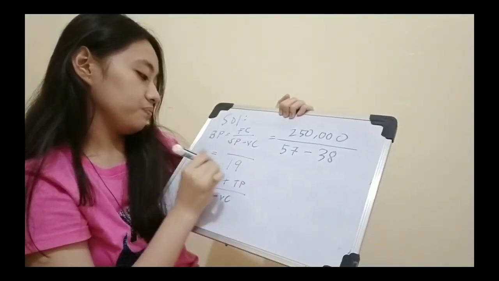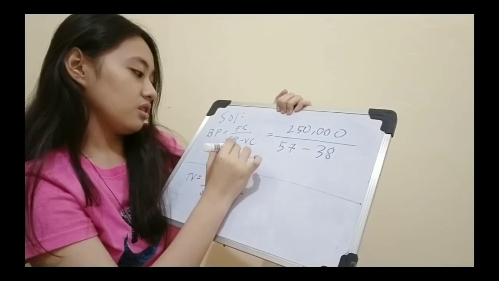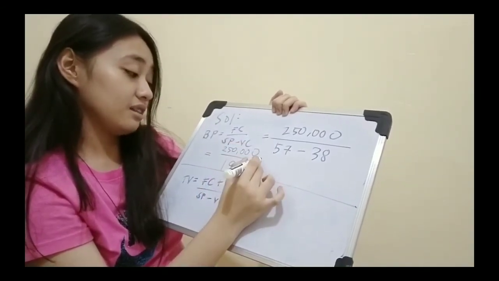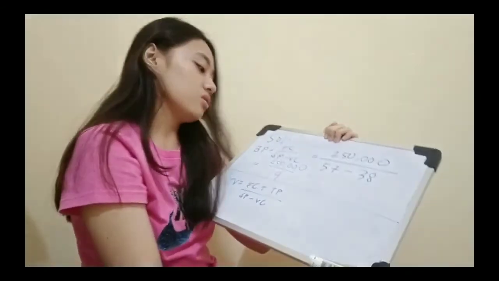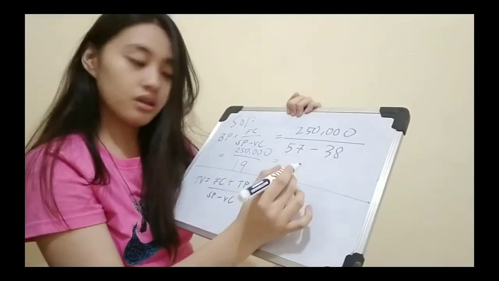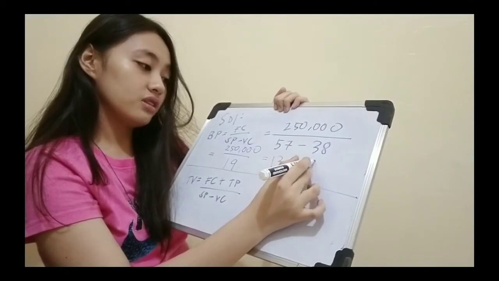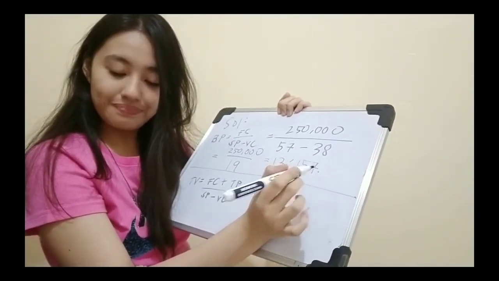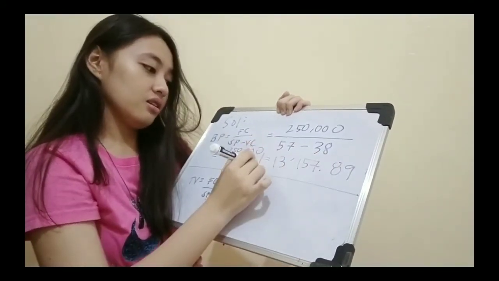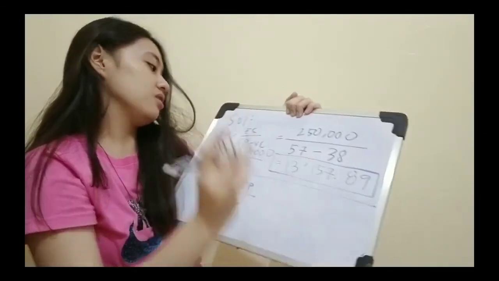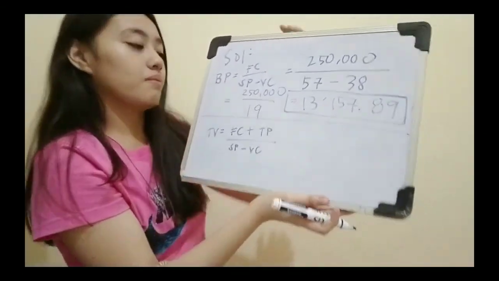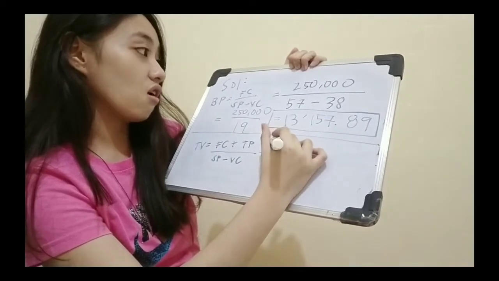So, 250,000 divided by 19. So the break-even point would be 13,157.89. Yan. Ito yung ating break-even point.